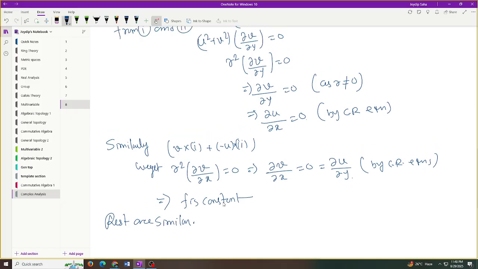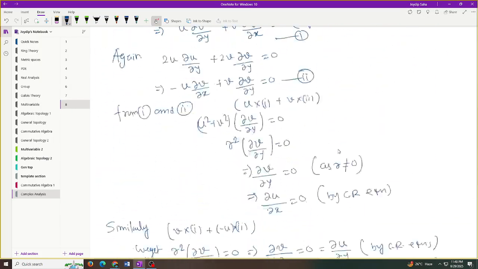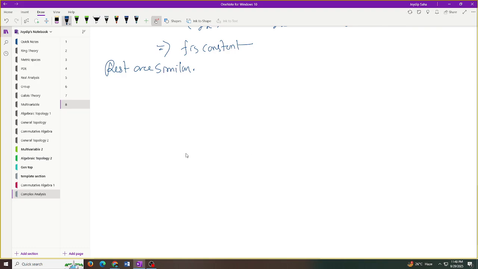Okay, so this is one interesting theorem or immediate application of Cauchy-Riemann.